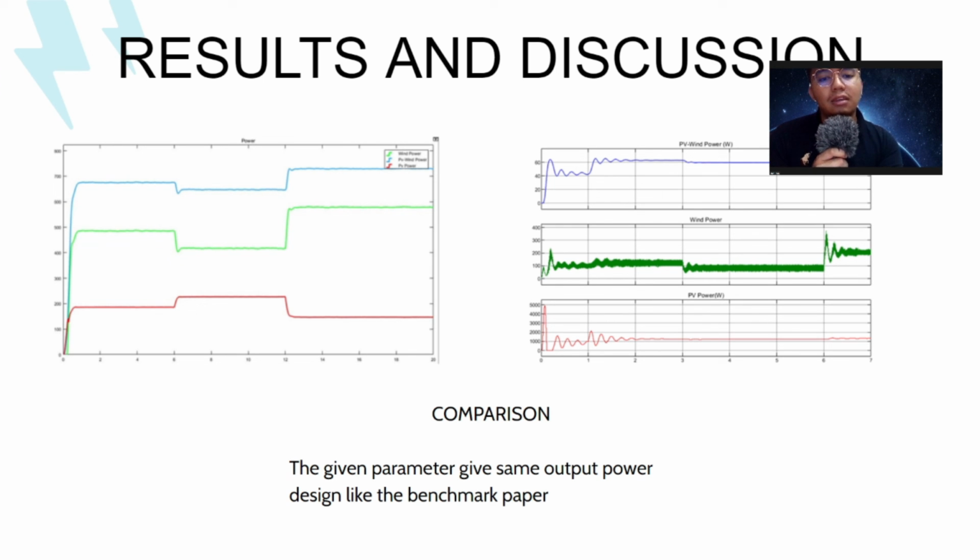And we can see it has the same pattern, where for wind the input increases and then decreases and increases back, and for the PV wind power the input varies, because it is the addition of the power from the PV and wind generator.